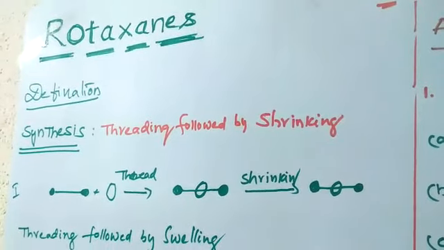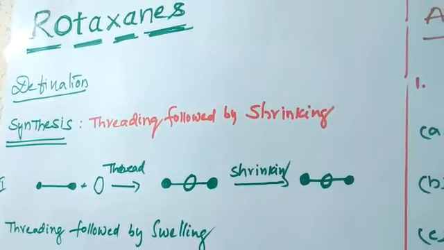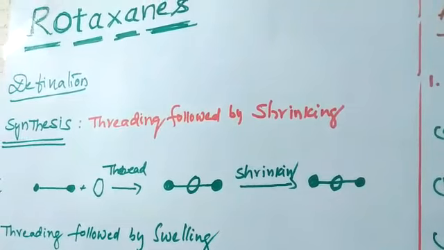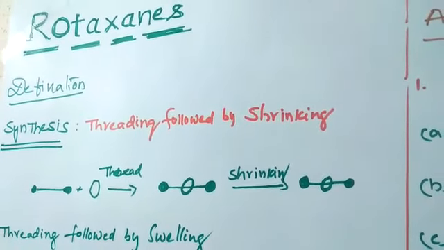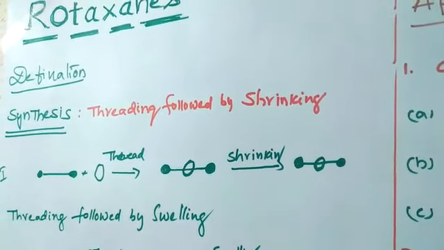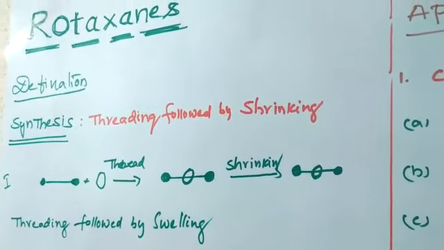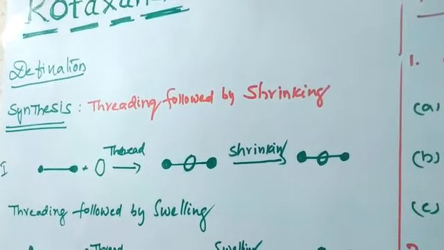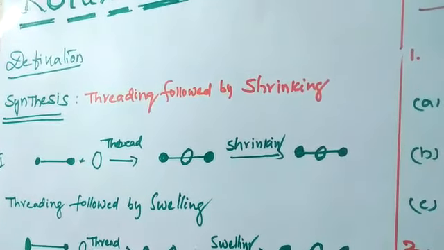Structurally, they consist of molecular rings threaded by molecular axles that have stoppers at both ends to keep the rings in place, like this.